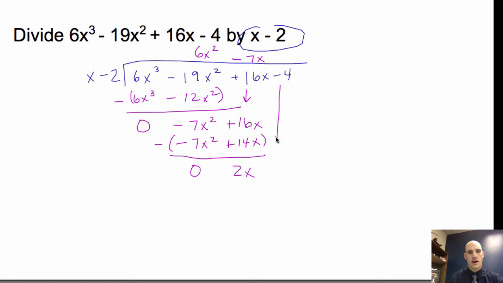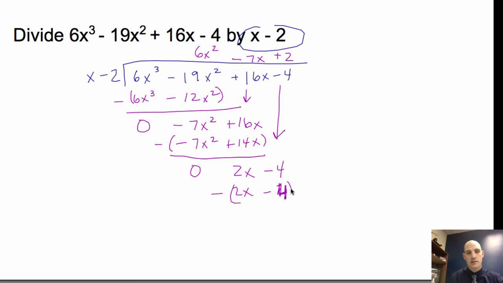Now I'm going to bring down my minus 4. This is my new term that I'm looking at, my 2x here. What do I have to multiply my x by to get 2x? The answer is positive 2. So 2 times x would be 2x. 2 times negative 2 would be minus 4.